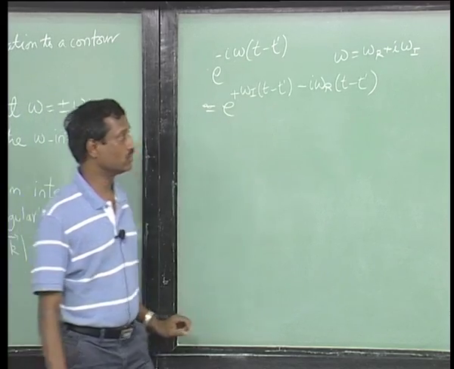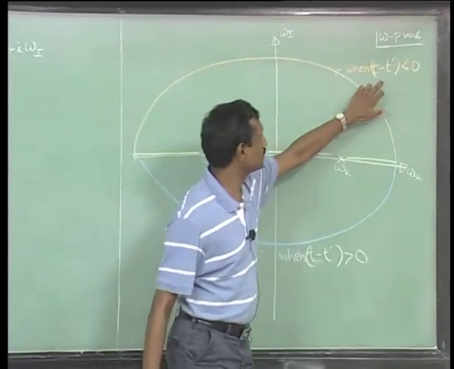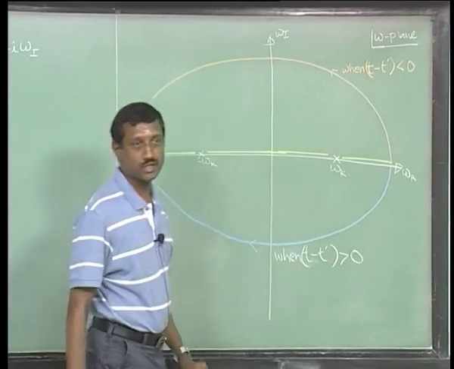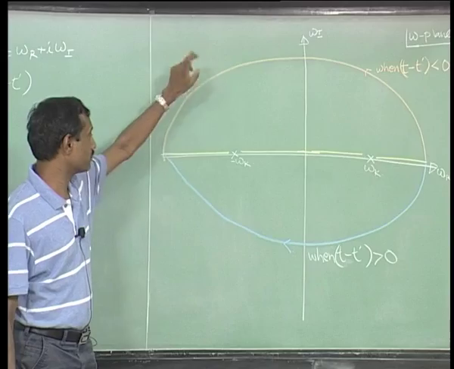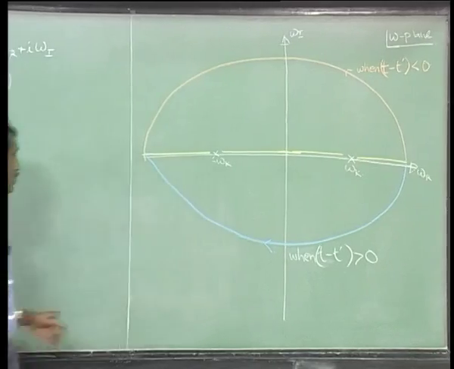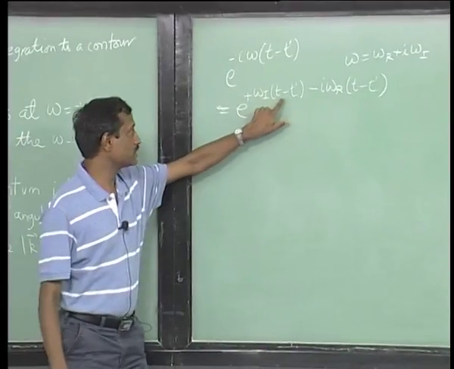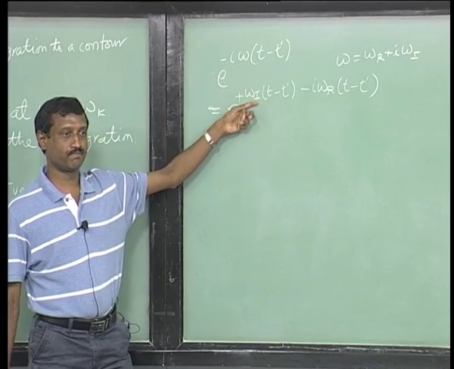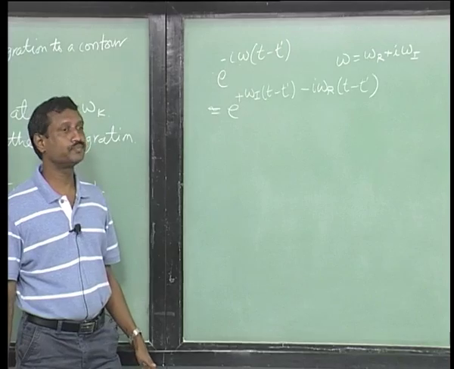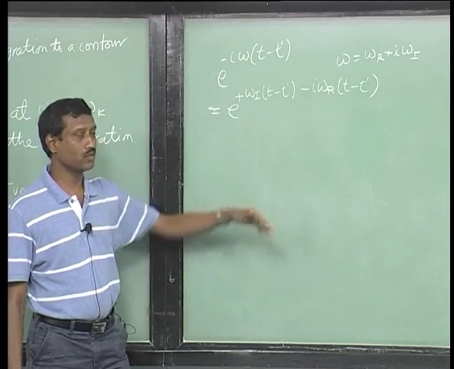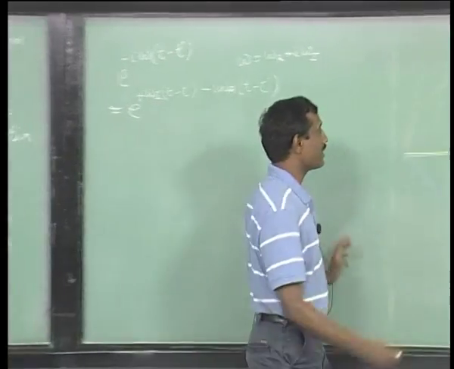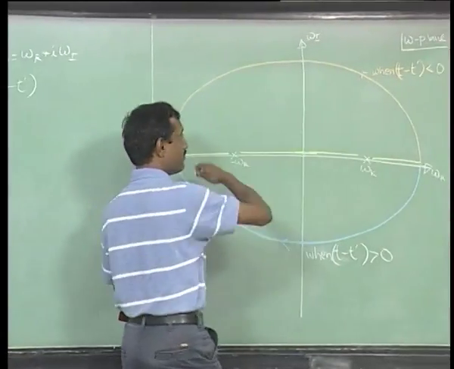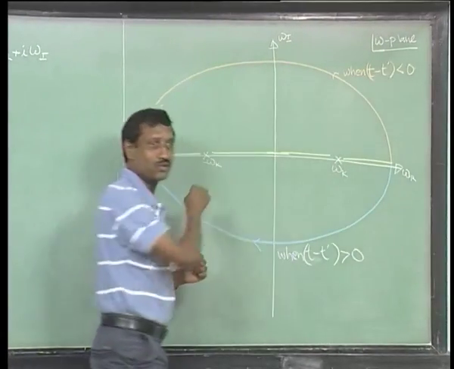half plane. So, the rule here is if t minus t prime is less than 0, you close in the upper half plane. So, the contribution of this goes away, and when you have the opposite, that is when t minus t prime is greater than 0, then you need omega imaginary to be negative. If you are unhappy with this kind of contour, you could choose a square contour, and you worry.